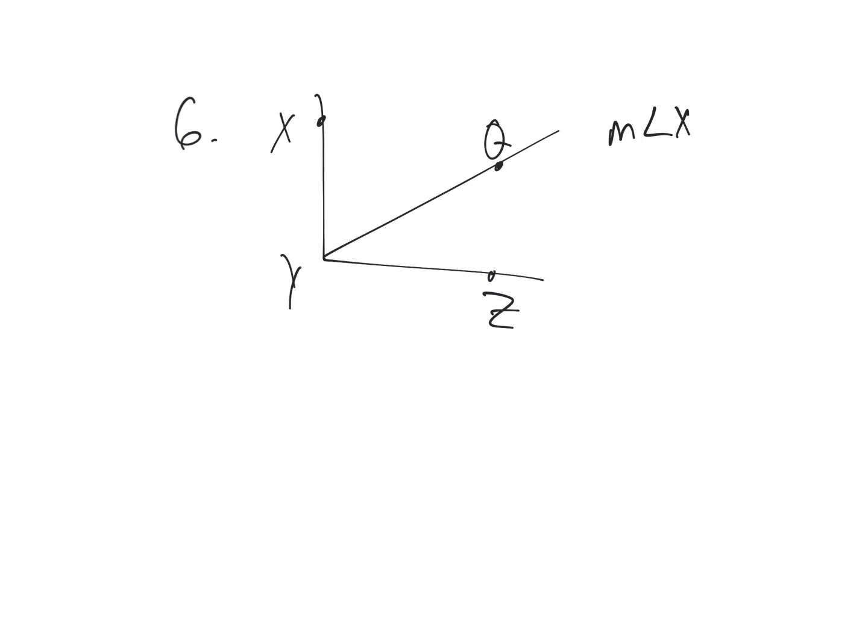Number 6. So I'm going to make this an angle, X, Y, Z, and this is Q. So the measure of angle XYQ is 2x minus 5.